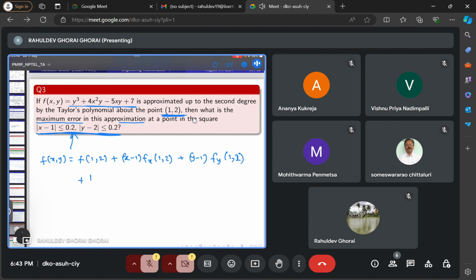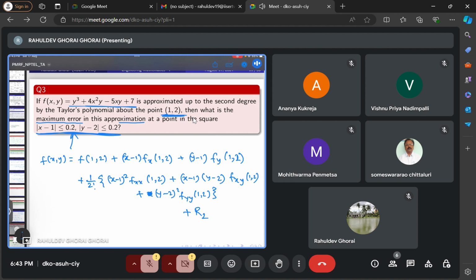Now plus 1 over 2 factorial, x minus 1 whole square fxx at 1 2 plus 2 times x minus 1 times y minus 2 times fxy at 1 2 plus y minus 2 whole square fyy at 1 2, plus R2. So this will be the error mainly.